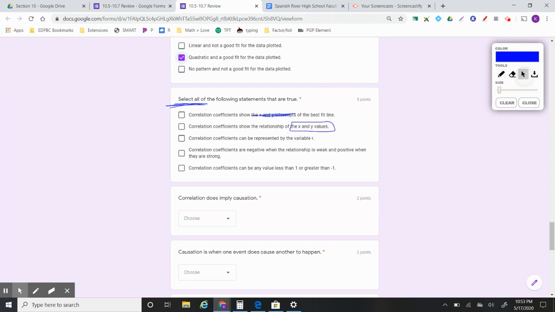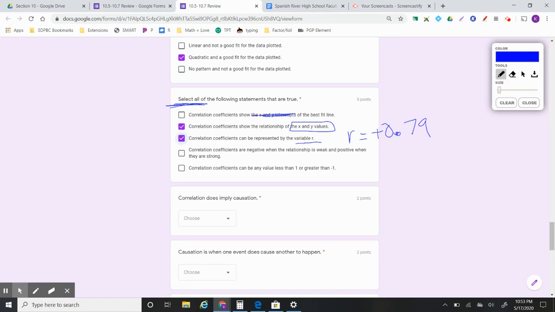So the second one is correct. Be careful, not the intercepts, just x and y values. It can be represented by the variable r, like r equals positive 0.79. So that one's good.